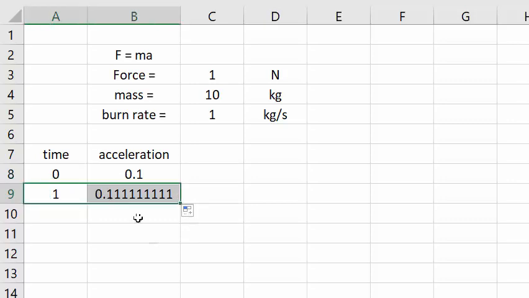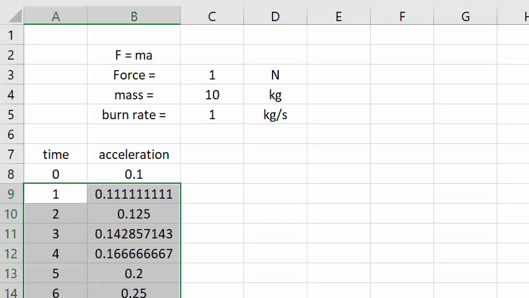So if I mark these two cells and drag that down to 18 seconds, which is when our mass goes to 0. For tidiness, let's just format these cells.